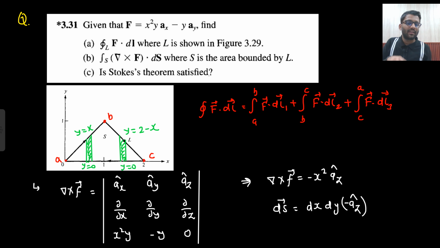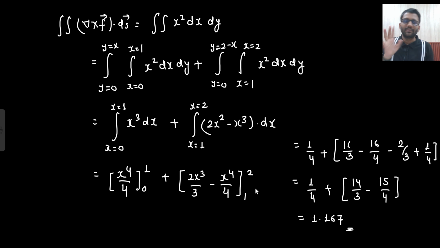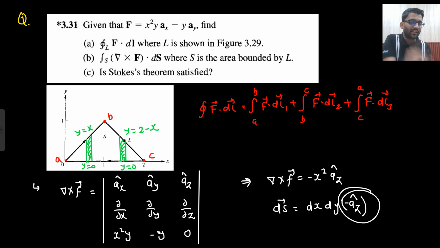But here I will think about the direction, and I am not thinking about the limit. Why am I not thinking about the limit? Because I know I will put the limit from low to high only. I have taken care of the direction here. In the line integration, what are you doing? You are not taking care of the direction, but you are taking care of the limit. Here you are not taking care of the limit, but you are taking care of the direction.